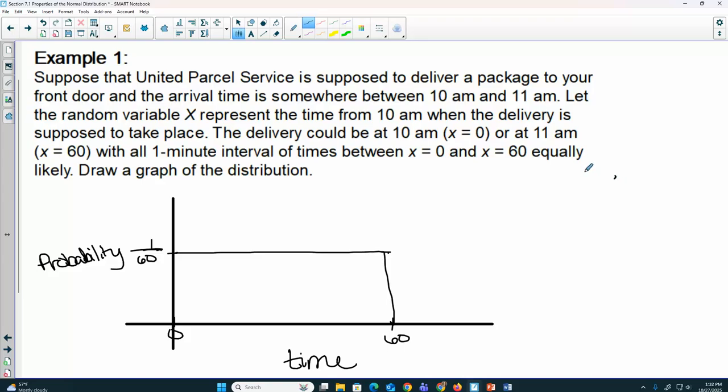The total probability is 1. So you had to take our probability of 1 divided by the total length of time. Okay, so if it were a 15-minute time interval, what would our probability be? 1 out of 15. All right. Not very interesting. If it's uniform, everything has the same probability. It's just creating a rectangle every time.